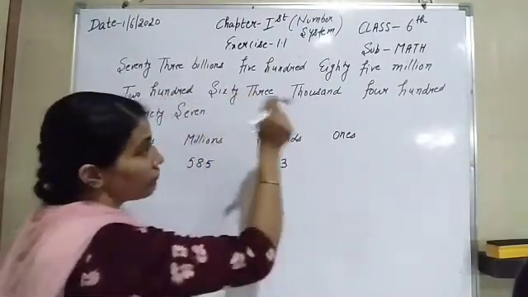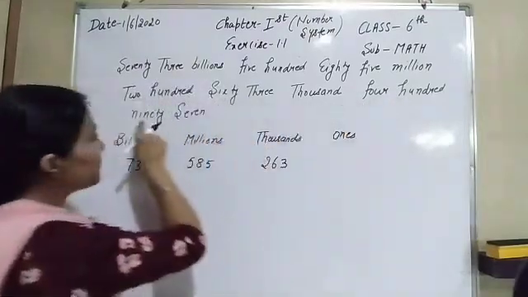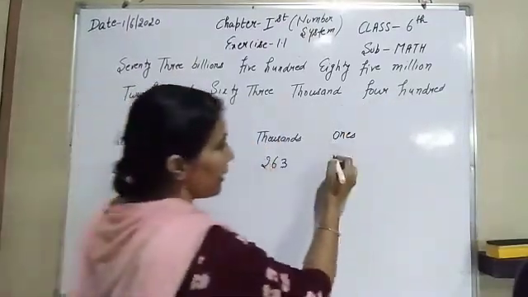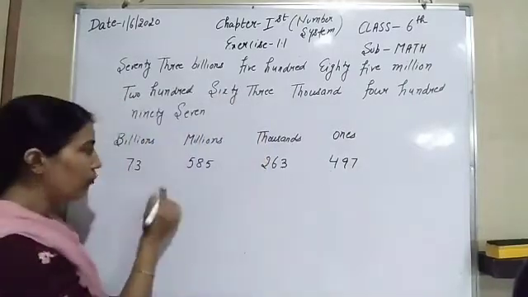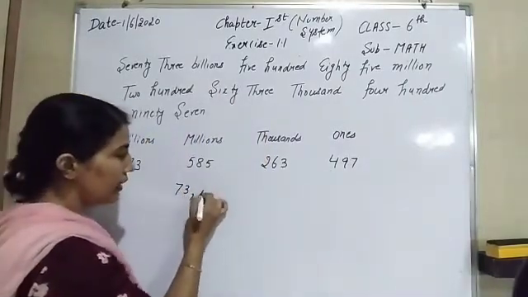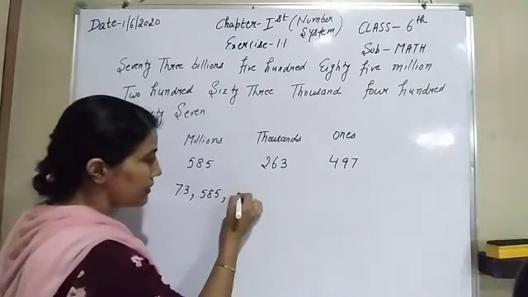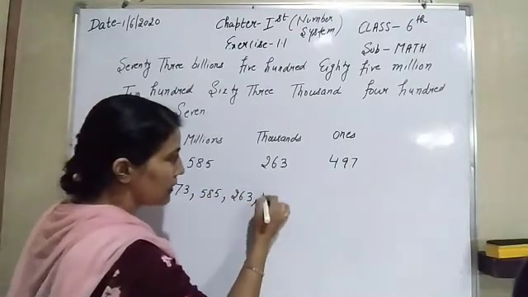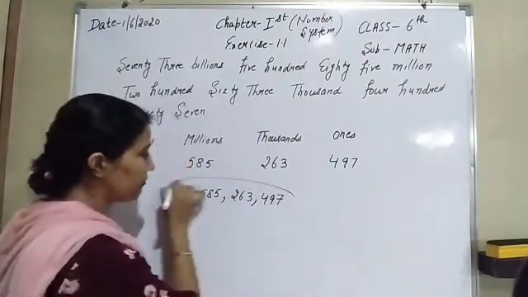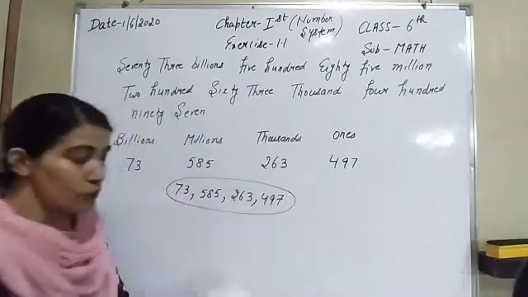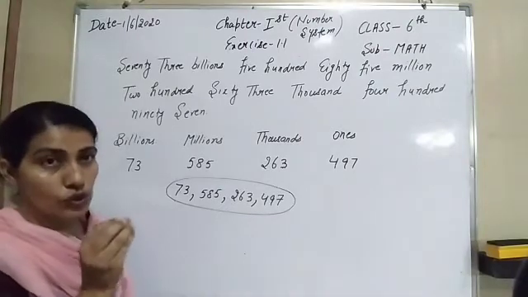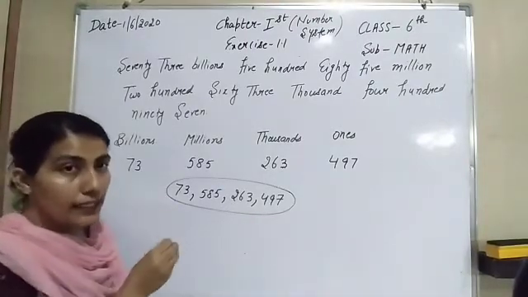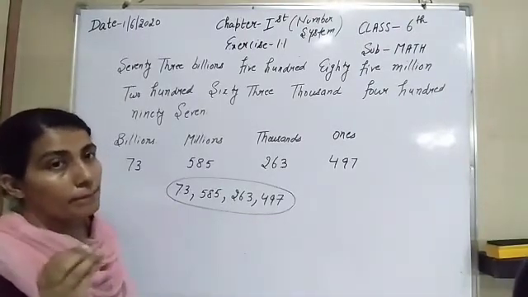After that is 497, again 3 digits. So our numeral form is 73, then 585, then 263 and lastly 497, which is our numeral form. I hope all of you are clear about how we have to do the question in the form of the international and Indian number systems.